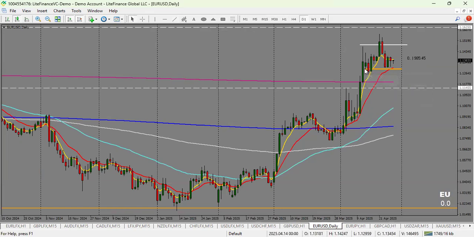But that would go against our market structure of price action. So we should just take this as an area of support and the market to continue going up as we still have a bullish market structure.